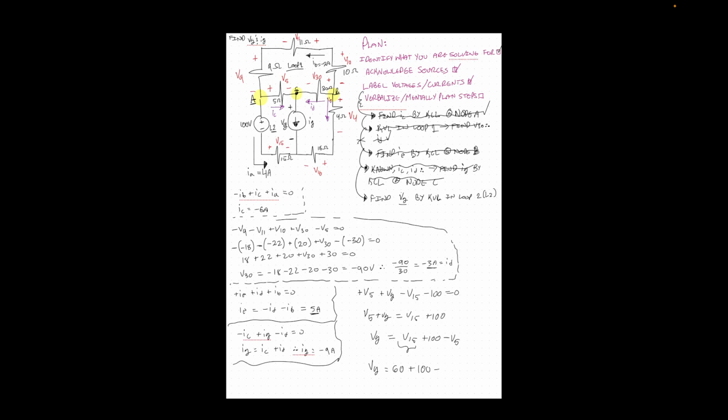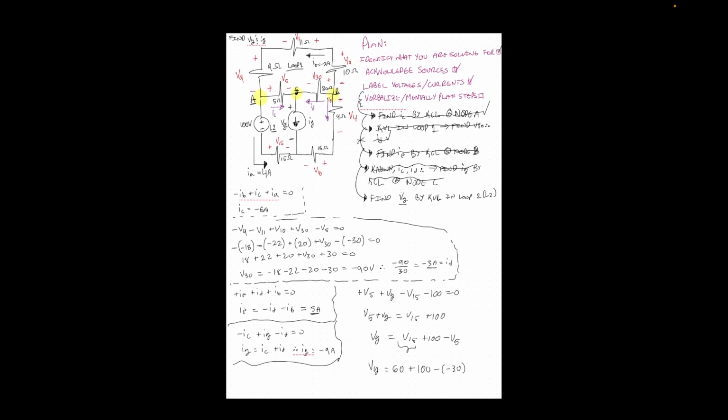Well, V5 is V equals Ri, so 5 times this is negative 30, minus a negative 30. So I have 60 plus 100, that's 160. 160 plus 30 is 190. So I'm going to say that VG equals 190.